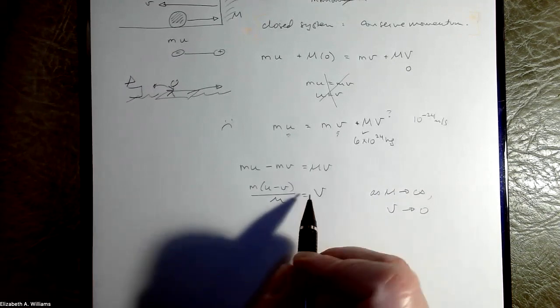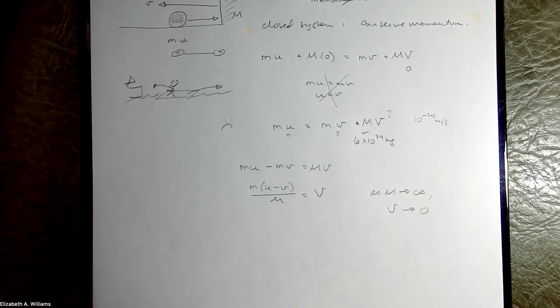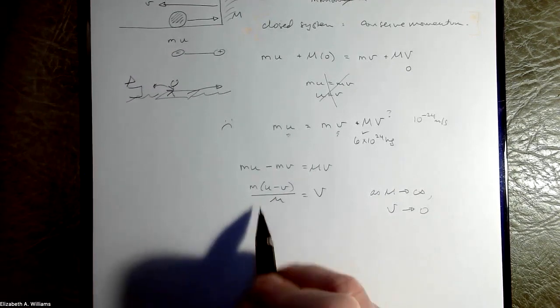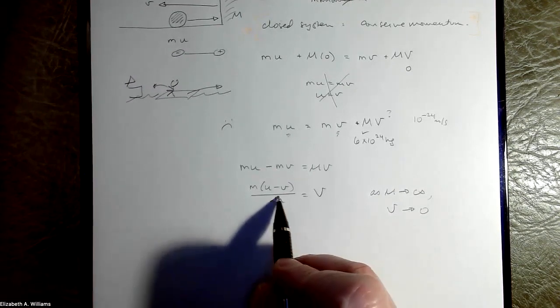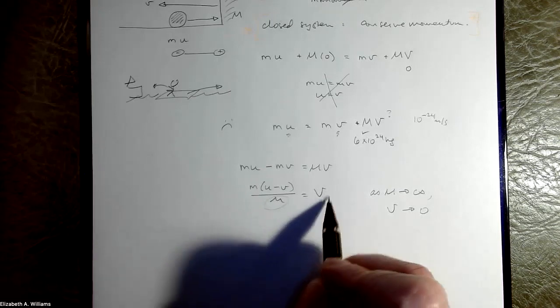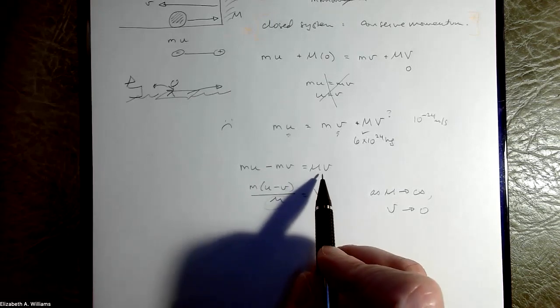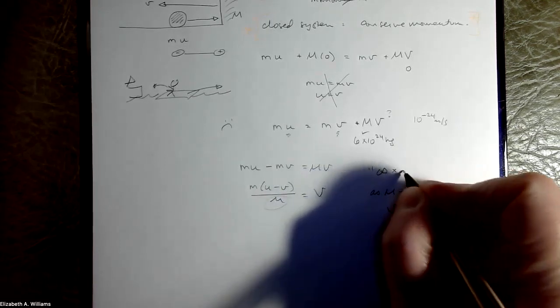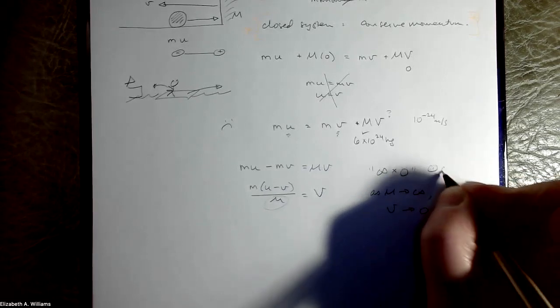And that makes sense. I can understand inverse relationships. But the idea ran into trouble for me, Sophie, because if you send M off to infinity and you're sending v to zero, then you've got a situation of infinity times zero, which is a really ugly place to be.